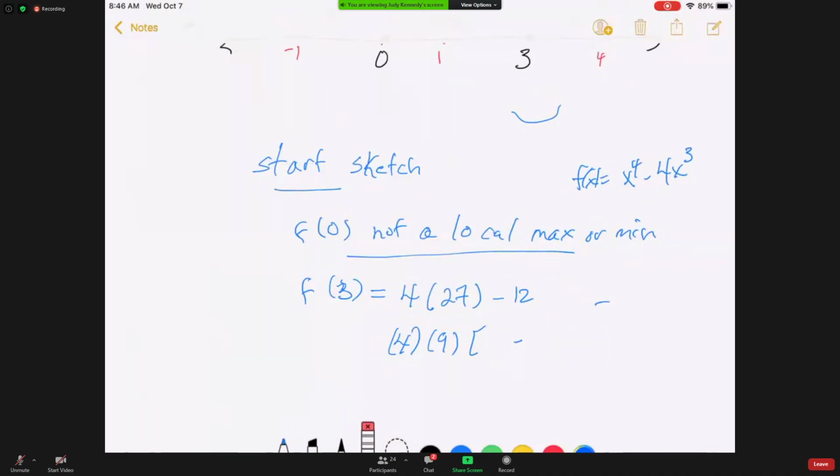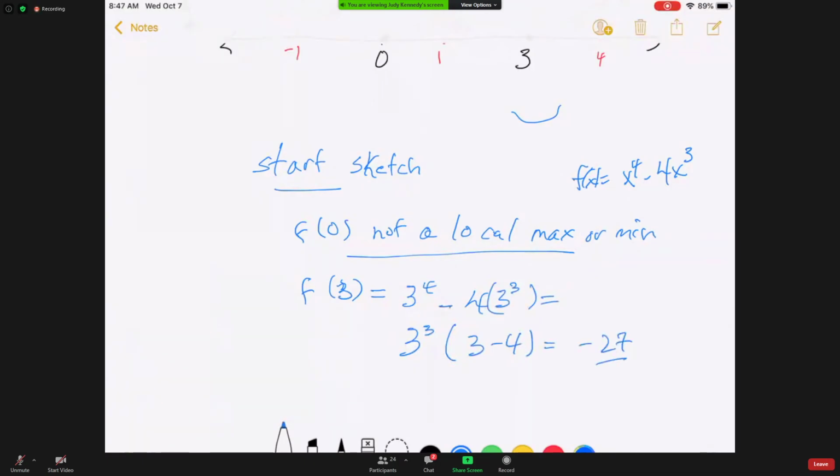It can happen that your local minimum is at 0, of course, but it's not true here, I don't think. Okay, so that means 3 to the 4th minus 4 times 3 cubed. And it's easier to do the arithmetic if you factor. That's 3 minus 4. So that's minus 27.